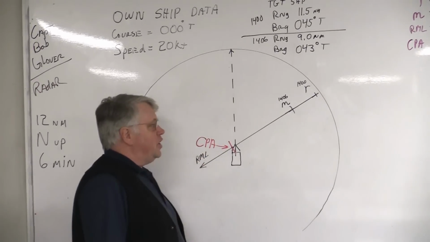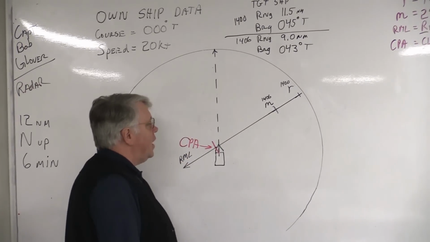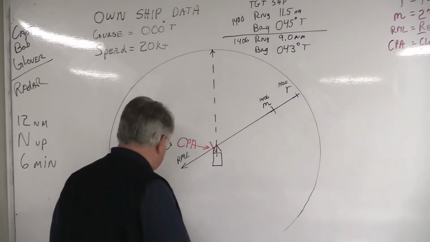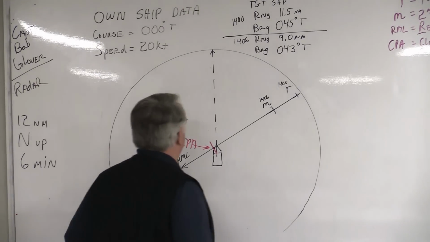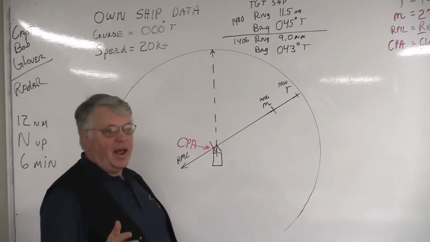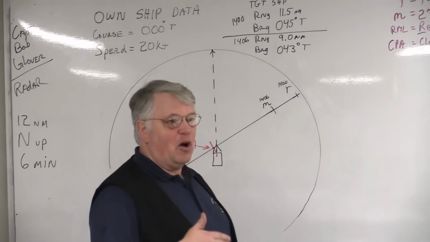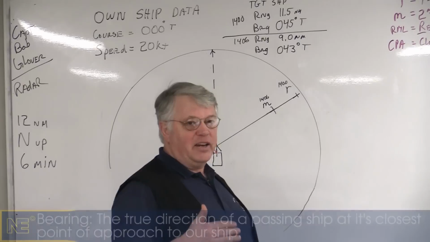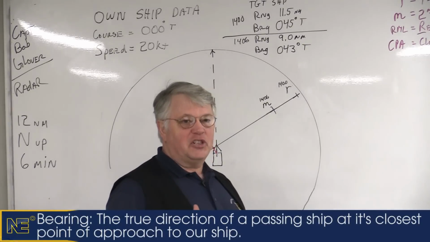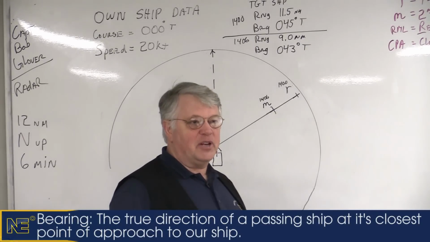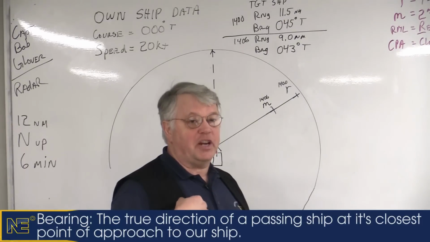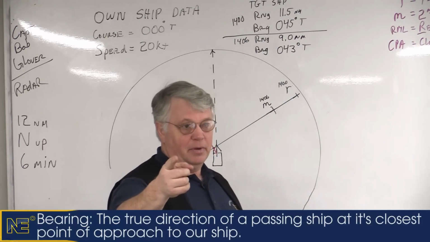All right, so there's our distance of CPA. Now we have to find the bearing. I don't like to insult anybody with this, but I have to just remind everybody, go back to your days of Navigation 101. The definition of a bearing of an object is always from our ship to the other ship.